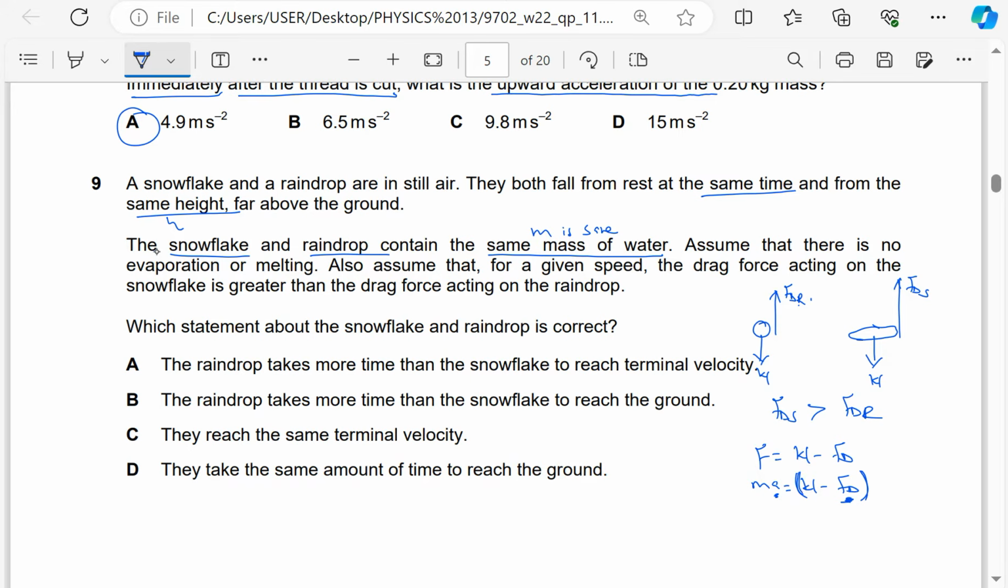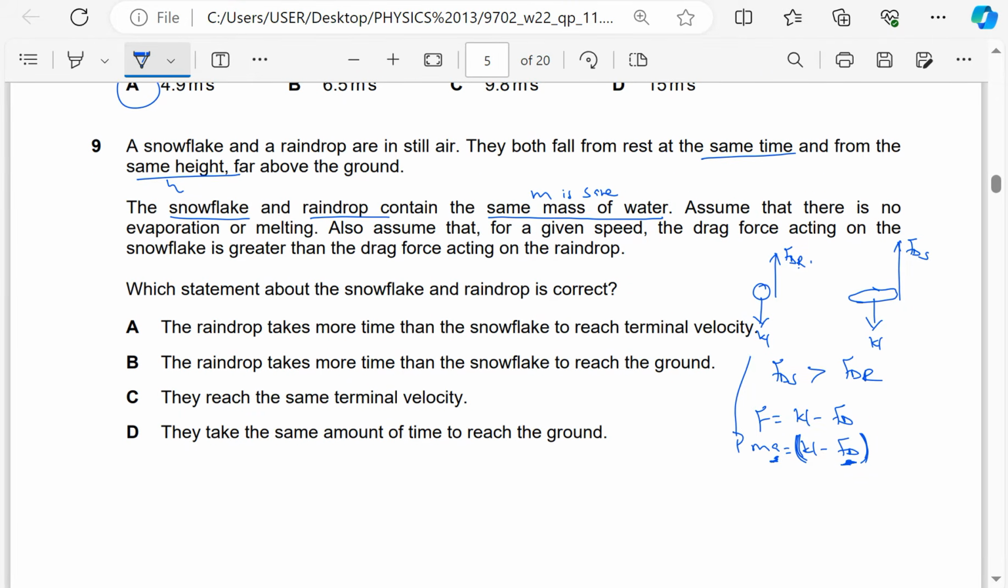For the raindrop here, because Fd is small, it means the resultant force here is going to be smaller, which also means the acceleration is going to be smaller. So it means this will reach, because the acceleration is smaller, it will gain a smaller terminal velocity, which can be reached very fast.